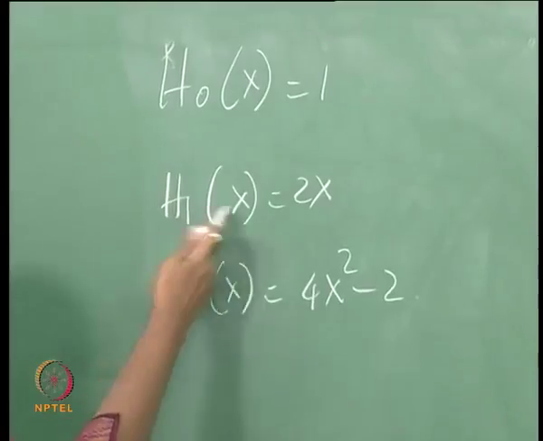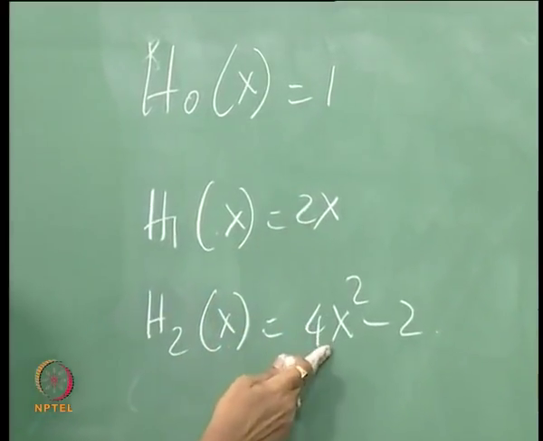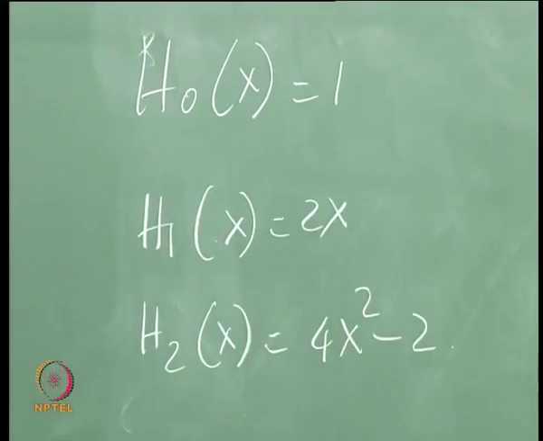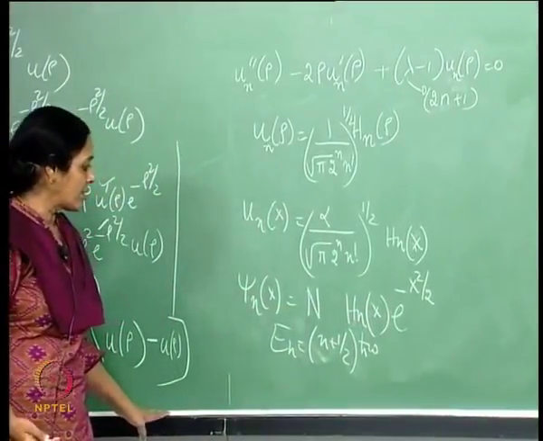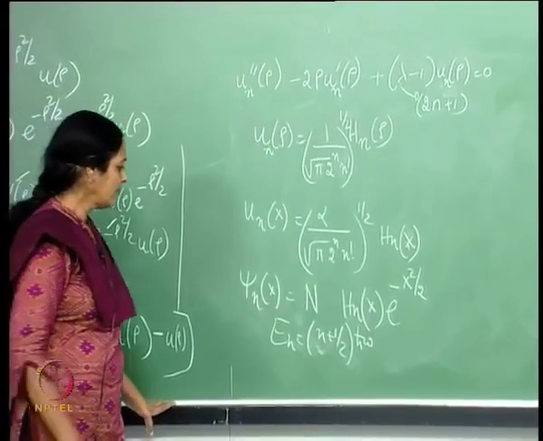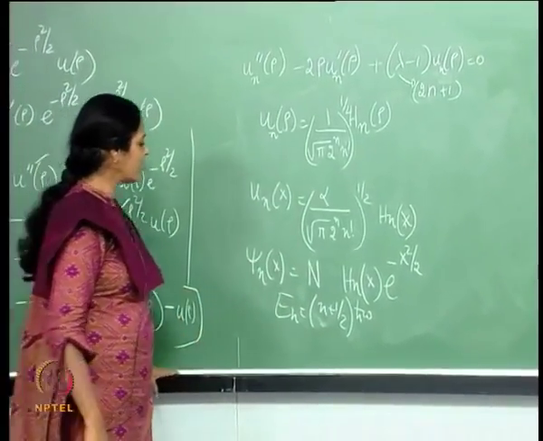So you see, this has odd parity, this has even parity, that has even parity, and so on. E to the minus x squared by 2 anyway is an even parity state. When x goes to minus x, e to the minus x squared by 2 does not change sign, and therefore these wave functions have a definite parity.